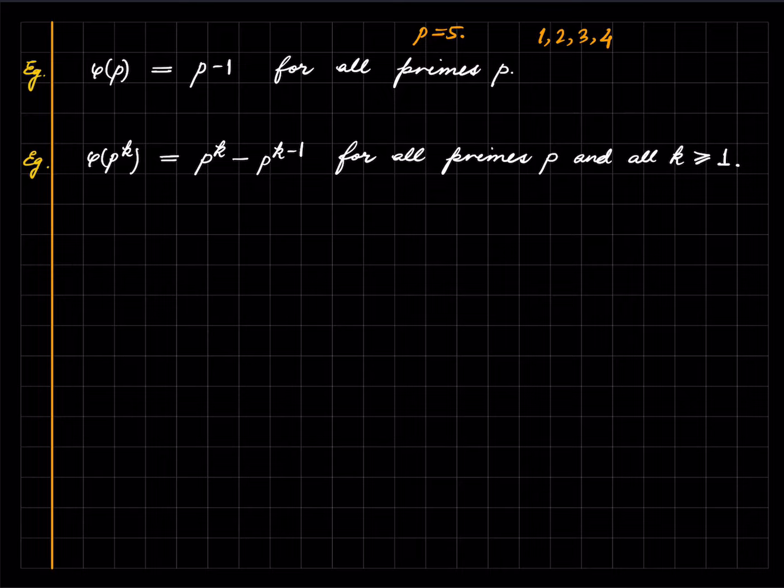Let me explain in the case of k equals 2, so let me explain for phi of p square. Note that if I want to collect the numbers which are relatively prime to p square in the range 1 up to p square, I will be writing all these numbers.